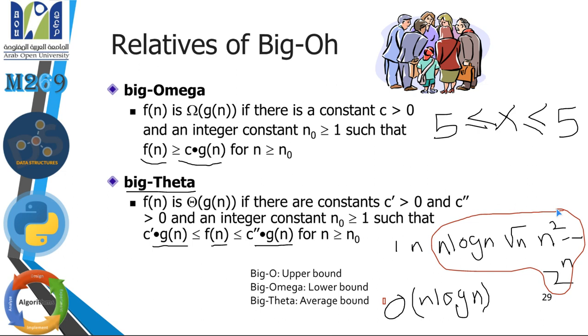So the complexity of the code is n log n; starting from n log n onward, this is called the upper bound. Okay, where is the lower bound? Starting from n log n back to 1 and n, this is called the lower bound.